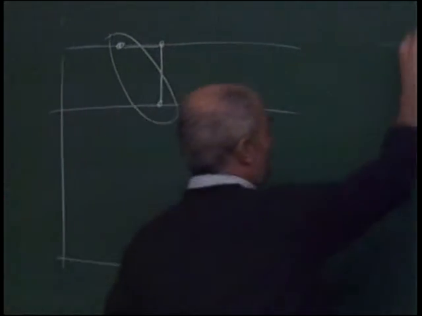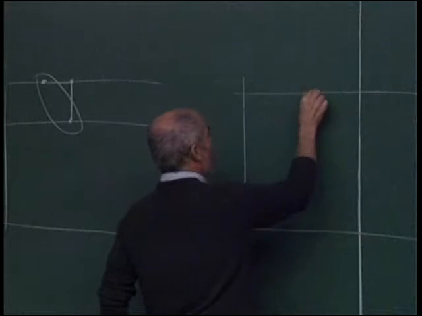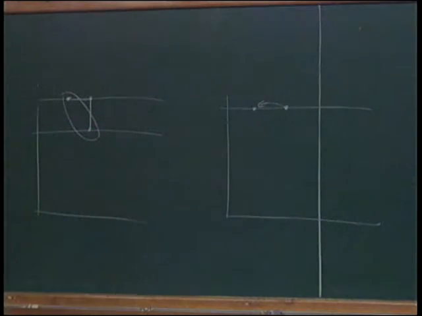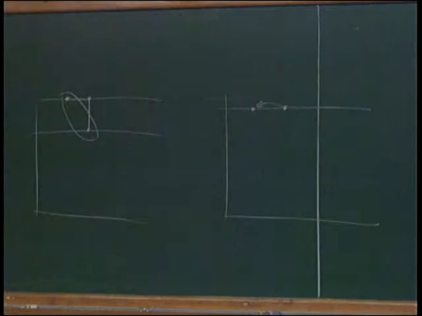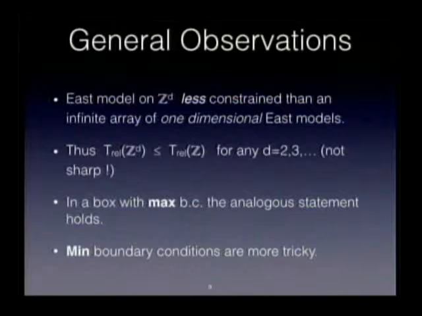And I say this is harder than to just look to the left neighbor, only in the horizontal direction. Certainly, the second model is more constrained than this one. So the second model should have, for example, a larger relaxation time, and this indeed is actually true.